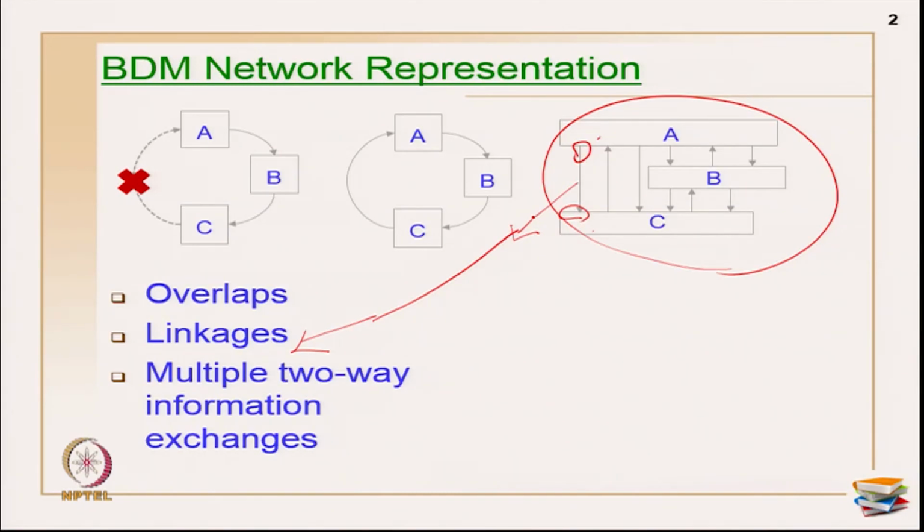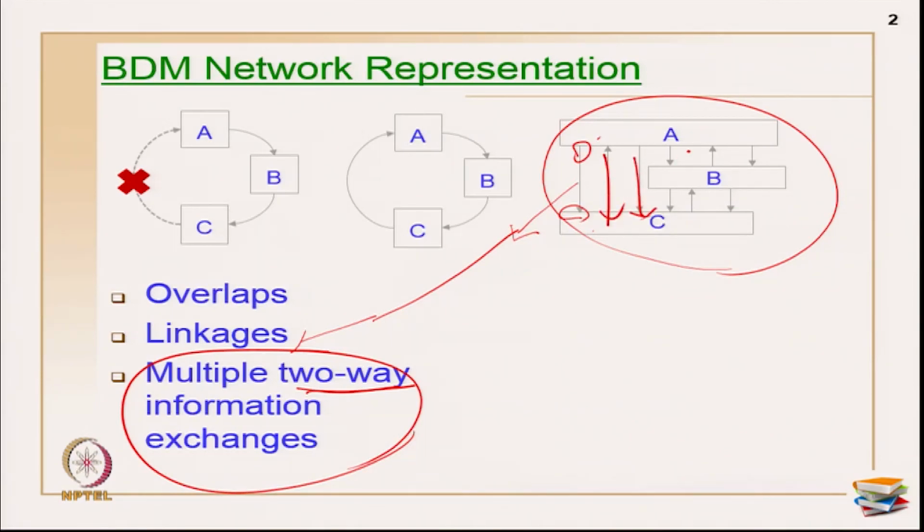If you want to give a proper definition for the linkages, then this is the proper definition we have come across. One is multiple: you can represent so many relationships or information exchanges between any two activities. Then it is also two-way. It is not that I have all relationships only in one direction.